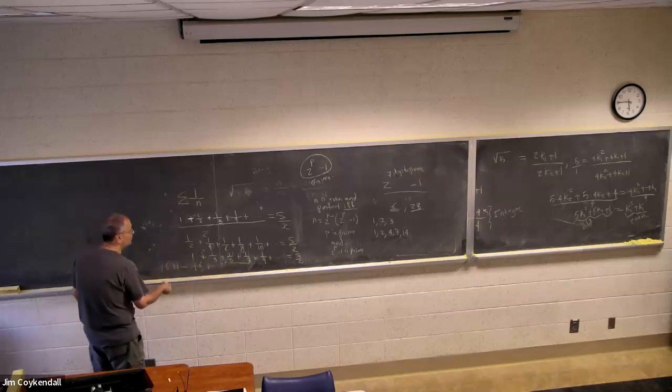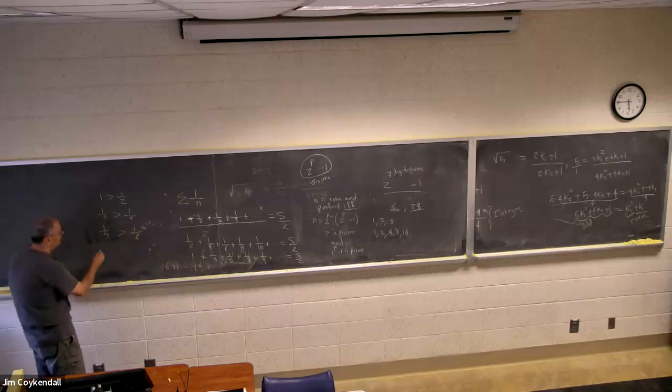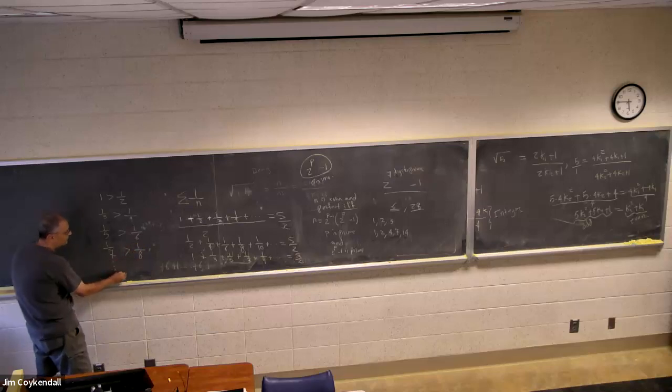So this is how you show it. 1 is bigger than a half, strictly bigger. 1/3 is bigger than 1/4. 1/5 is bigger than 1/6. 1/7 is bigger than 1/8. Keep going.